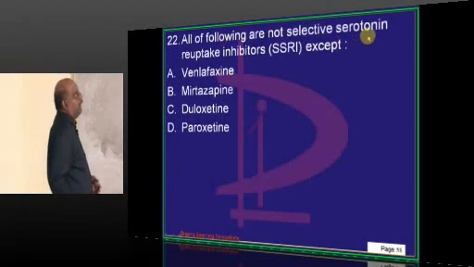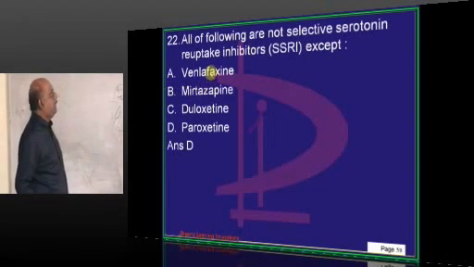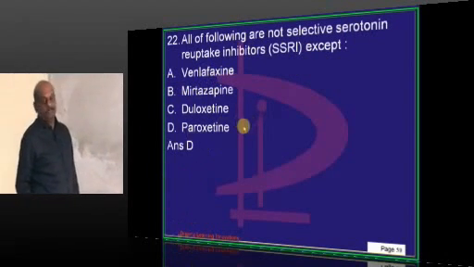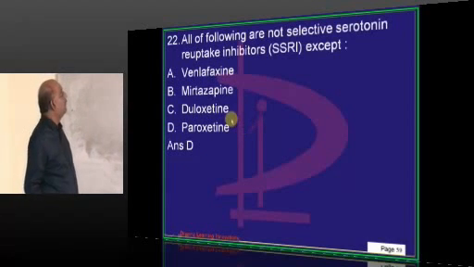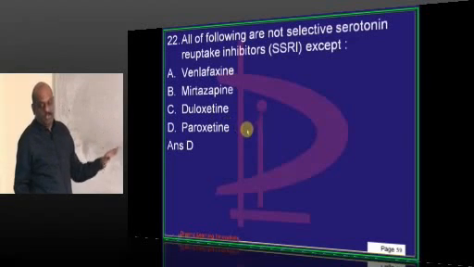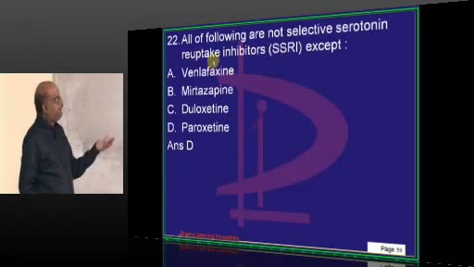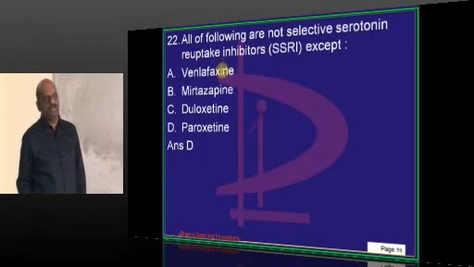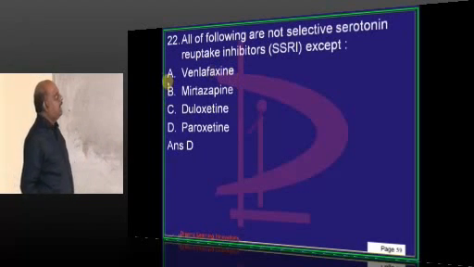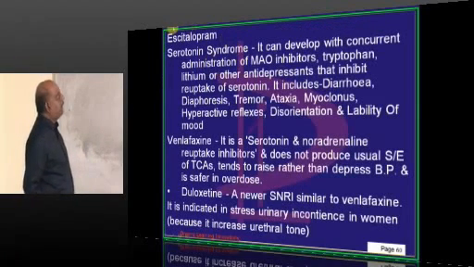So, which is not a selective serotonin reuptake inhibitor. Paroxetine is not. Oh, not, sorry. Except, sorry. Paroxetine is a selective serotonin reuptake inhibitor. SSRIs: fluoxetine, paroxetine, etc. Whereas mirtazapine, duloxetine, venlafaxine are not.